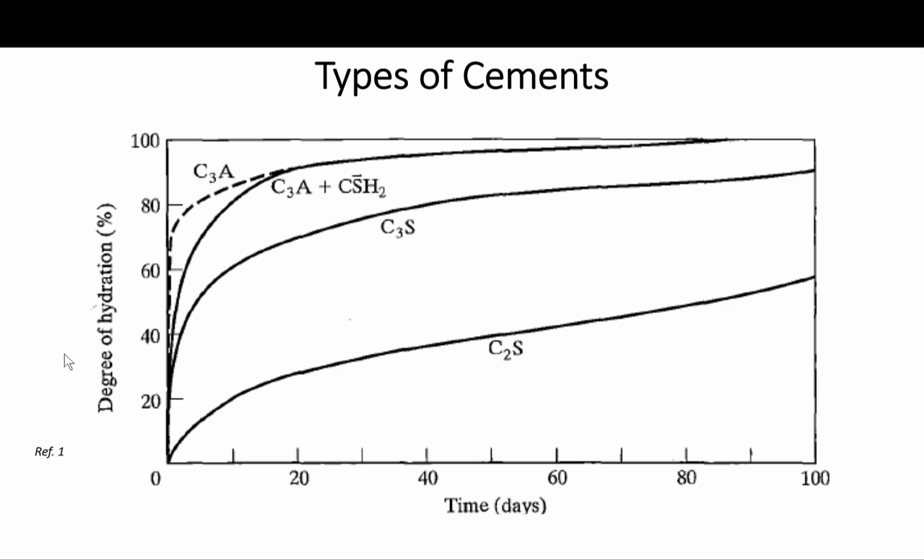Quantitative data are not available for the C4AF, the tetracalcium aluminoferrite, but the reaction of this compound with gypsum and water is believed to be somewhat slower than C3S, as I showed earlier. Whereas the hydration of C4AF without gypsum is faster. As I mentioned before, not much is known about this phase.